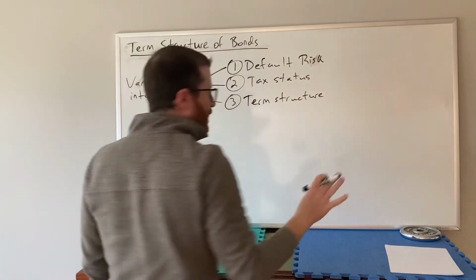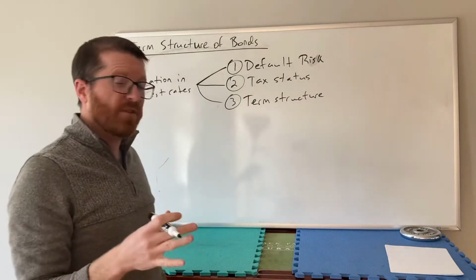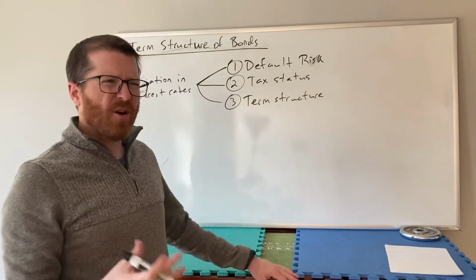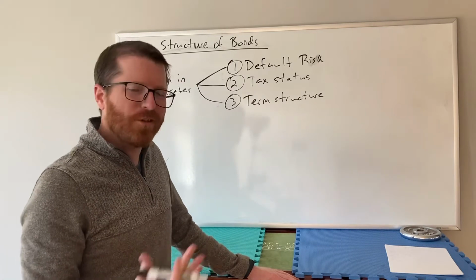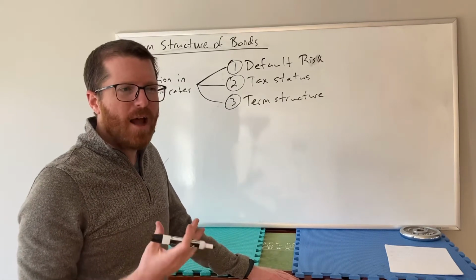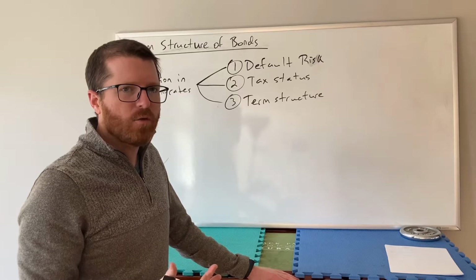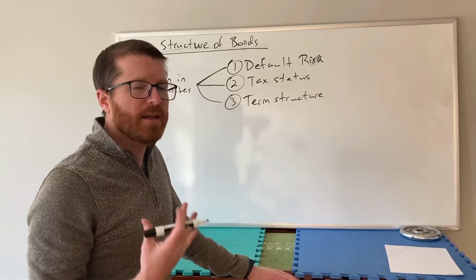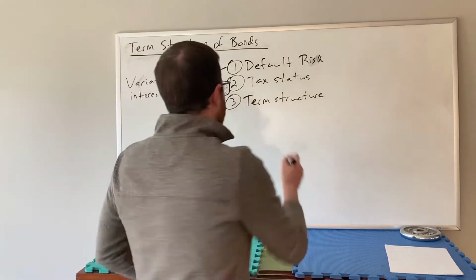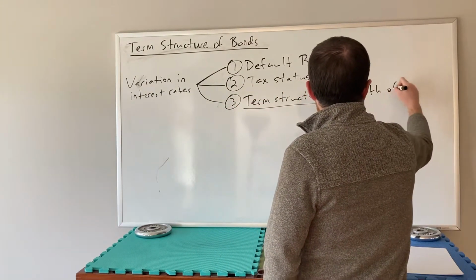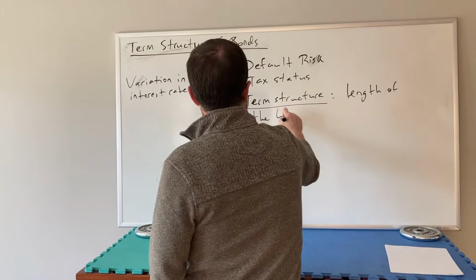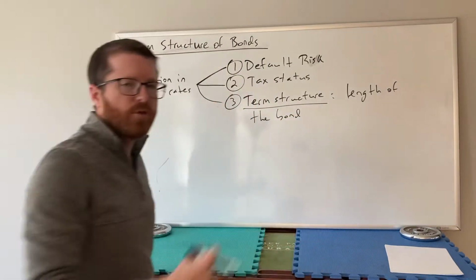For economists, this is the one that's discussed the most. You may have heard of discussion of something called an inverted yield curve. That's kind of what this is getting at. We're thinking about how bonds pay out relative to how long the bond lasts, okay? So the term structure is basically just thinking about the length of the bond relative to its maturity.